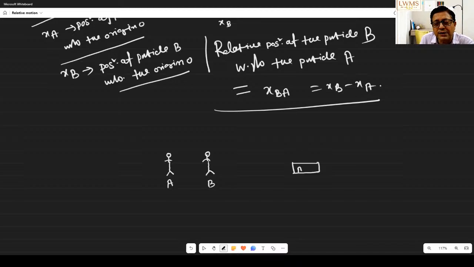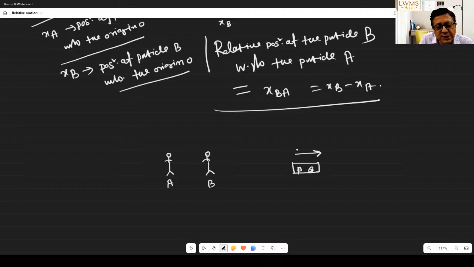There are two observers, P and Q, sitting on the car. Car is moving this way. Then point P is moving with respect to A, P is moving with respect to B, Q is moving with respect to A, Q is also moving with respect to B. But Q is not moving with respect to P, isn't it?